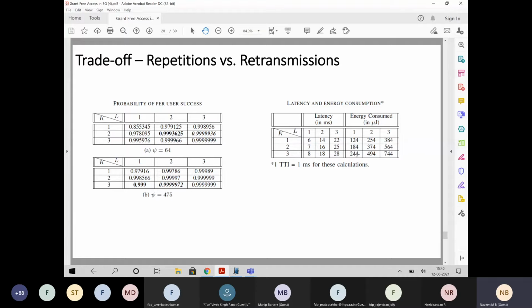So you are comparing 244 with 374, 494 with 564. It's a huge reduction in the energy consumption. Even in terms of latency, see 8 versus 16, 18 versus 25. So we showed that increasing the number of preambles will also reduce the latency, reduce the energy consumption, and will meet your requirement of 0.999 and 0.99999. Basically, it will meet a lot of applications.